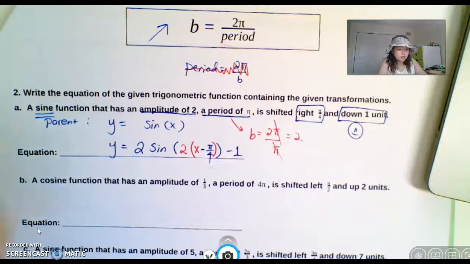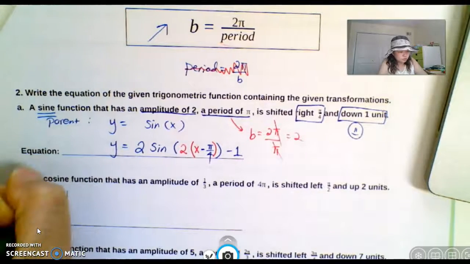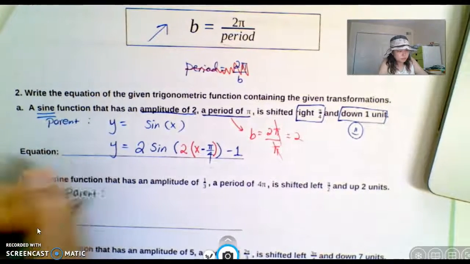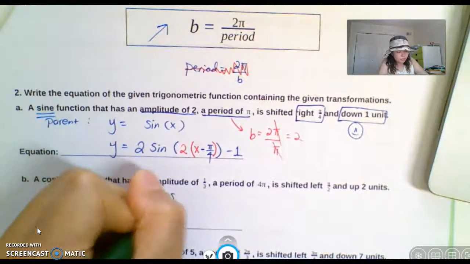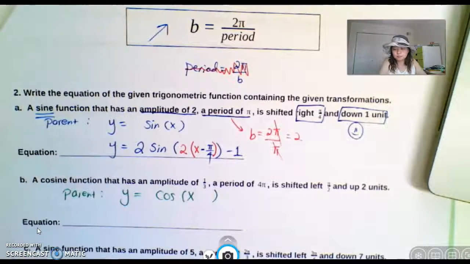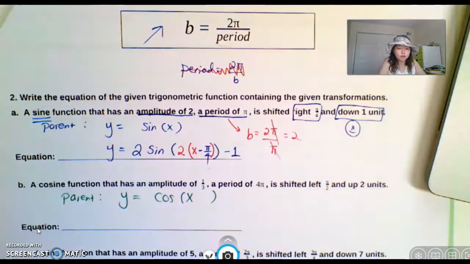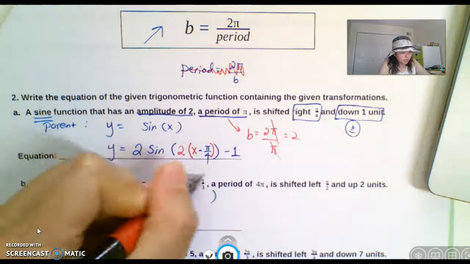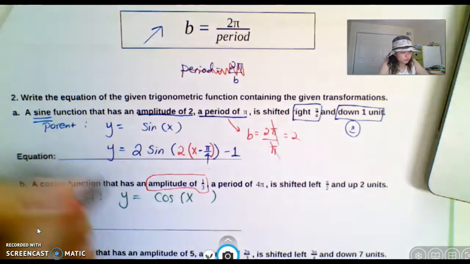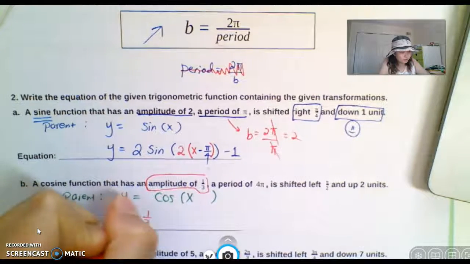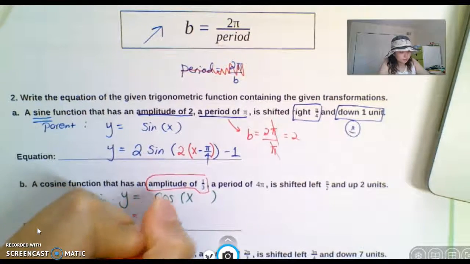Let's do 2. A cosine function. The parent function for this would be y equals cosine x. We're doing an amplitude of 1/3, so we'll have a 1/3, then cosine.